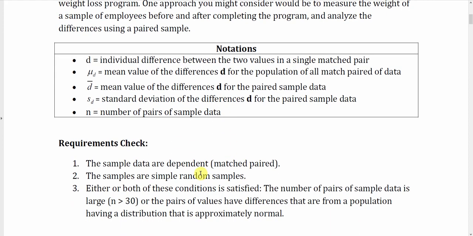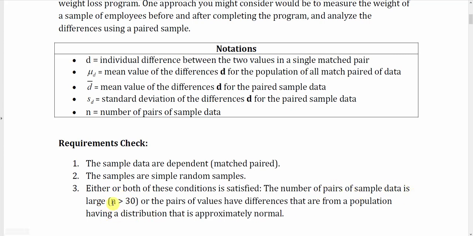Before you perform the hypothesis testing, make sure we check the requirements. The sample data must be dependent, or matched pairs. The samples are simple random samples, which is a requirement for all hypothesis testing. And the last one is that the number of pairs of the sample data is large.